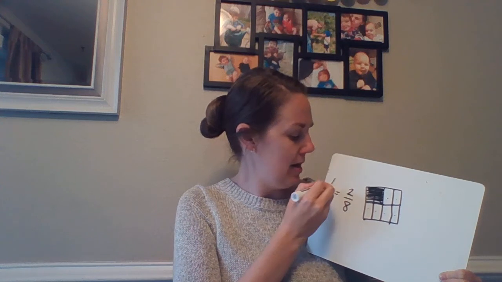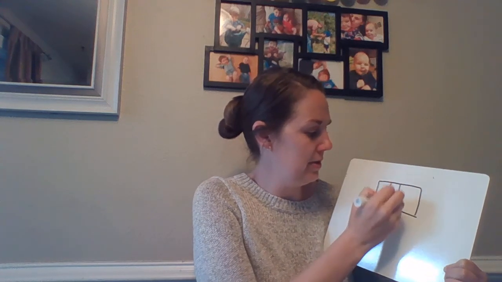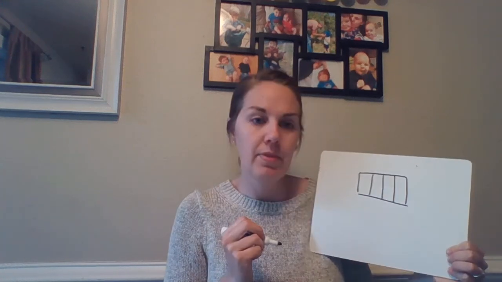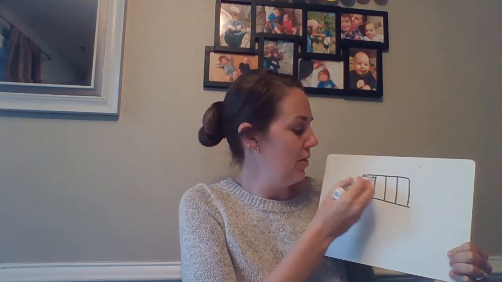So 2 8s would be the same as 1/4 of my shape. Let's do one more. Let's say I have a rectangle and I cut it into fourths this way. We know that if I shade in 1 of those pieces, I would shade in 1/4.